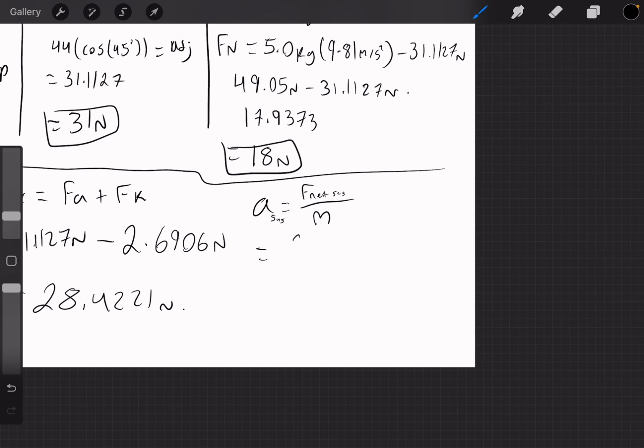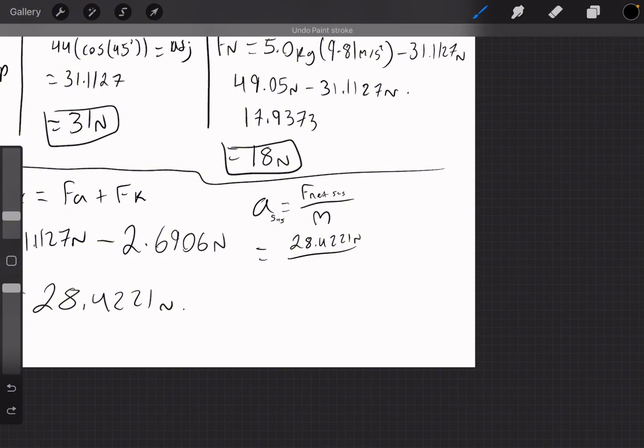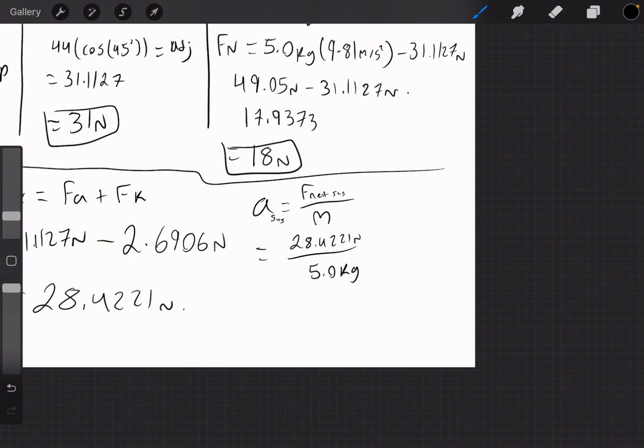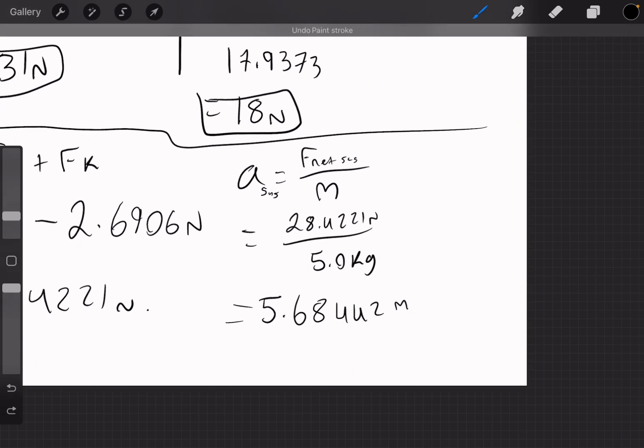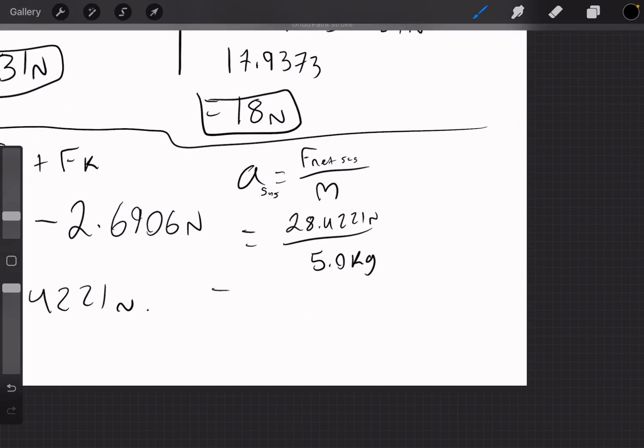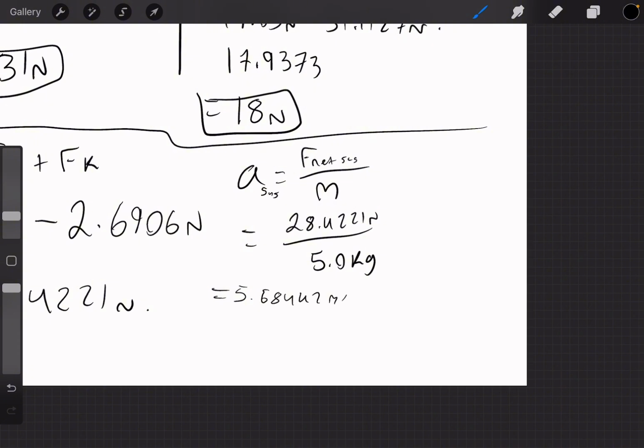That's 28.4221 newtons divided by 5.0 kilograms, which gives us 5.68442 meters per second squared, or 5.7 meters per second squared to keep to significant digits.